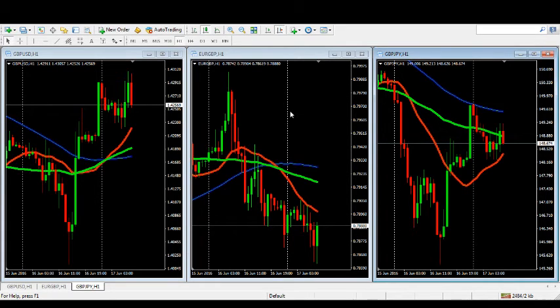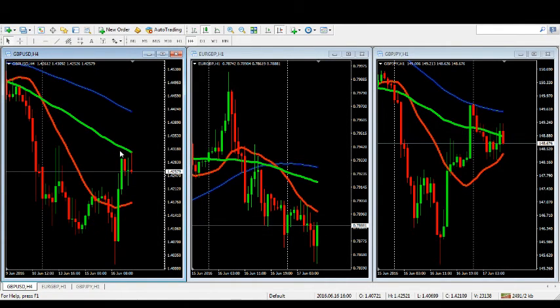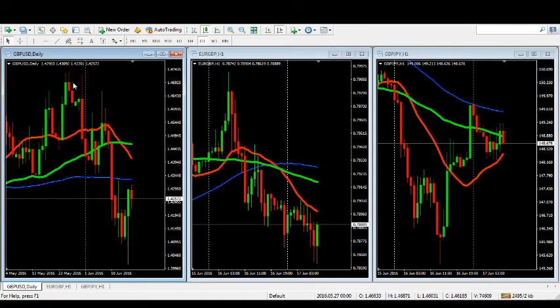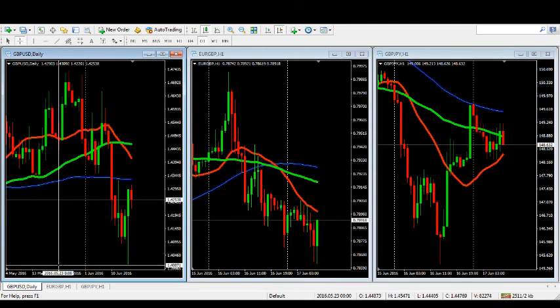I will try to explain using charts for Great Britain pound. On the daily chart from those levels, we see that the pound has lost almost 7% in June because of the referendum.